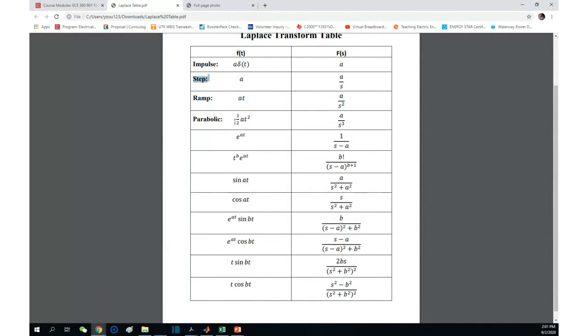The last one is called parabolic. Parabolic in time domain is one half a times t squared. Again, a is functioning as an amplitude. In the corresponding S domain, or say frequency domain, the transfer function is a over s cubed. Now, what does it look like in time domain?